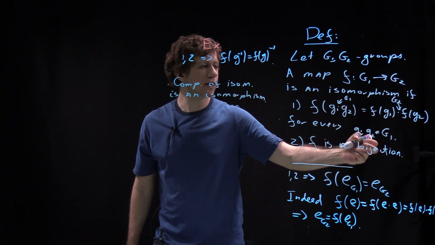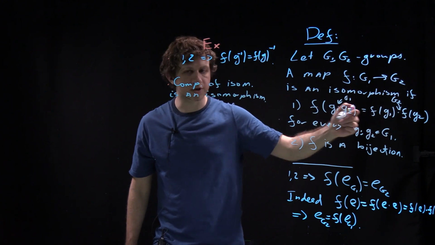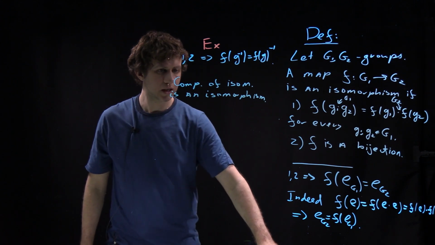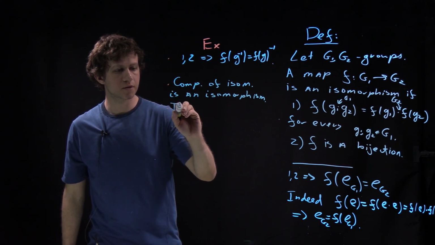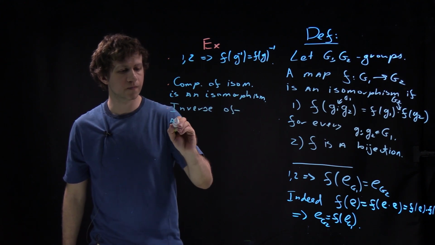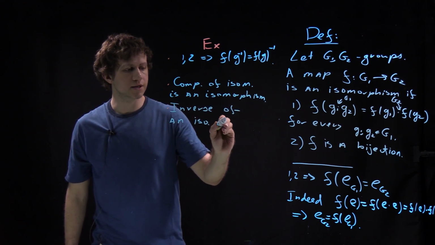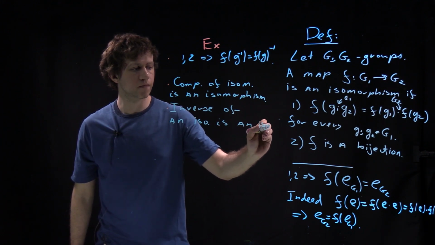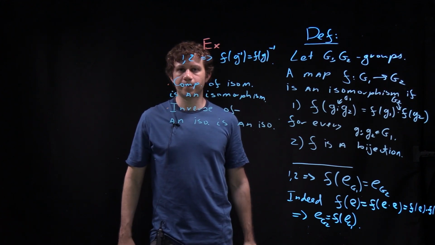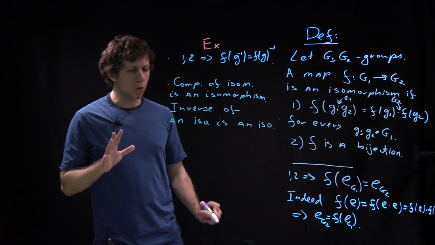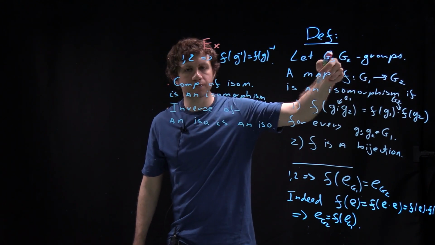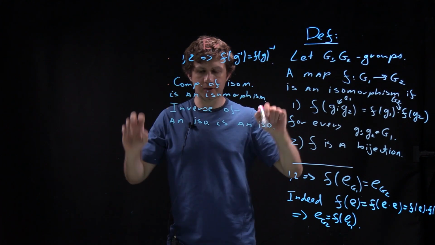Composition of bijections is a bijection, and then you check that the formula works out. And you can see that the inverse of an isomorphism is an isomorphism. So that's very simple. Okay, so I want to say two groups are equal. Existence of an isomorphism means this equal.